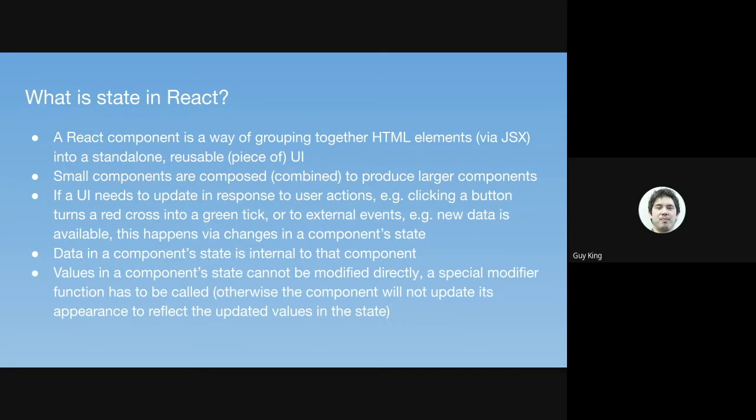I don't really have a snappy, short sentence that sums up very well what state is in React. But I like to think of it in terms of an example. Sometimes you can ask yourself, when you're writing or working with a component, does this component need state?